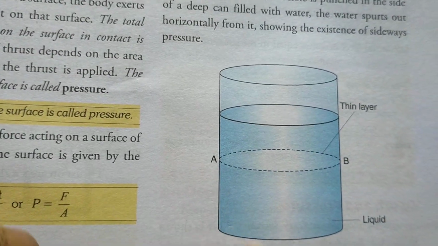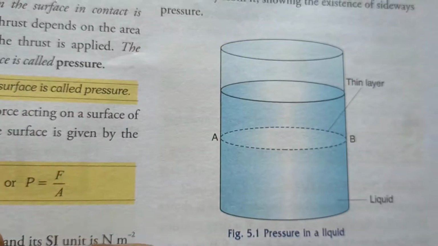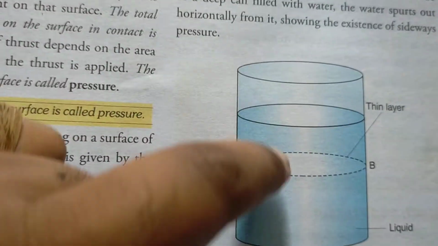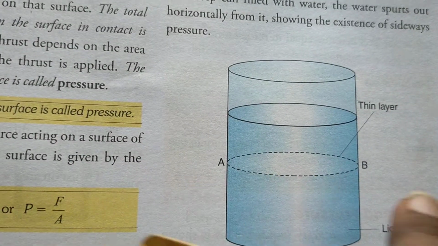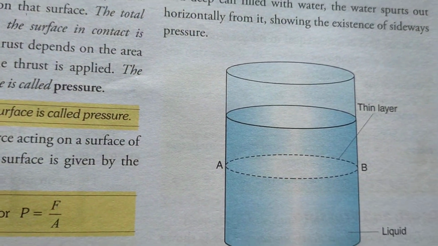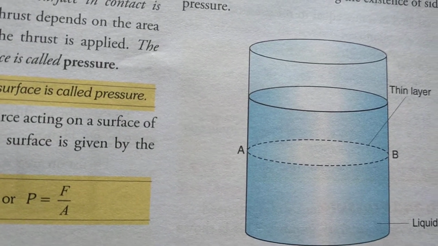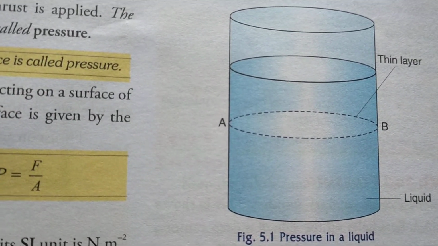That means how much pressure is exerted from down to up, the same pressure is exerted from up to down. So both the pressures are balanced, therefore the AB layer is also balanced. So at a certain point in a liquid the pressure is always balanced.